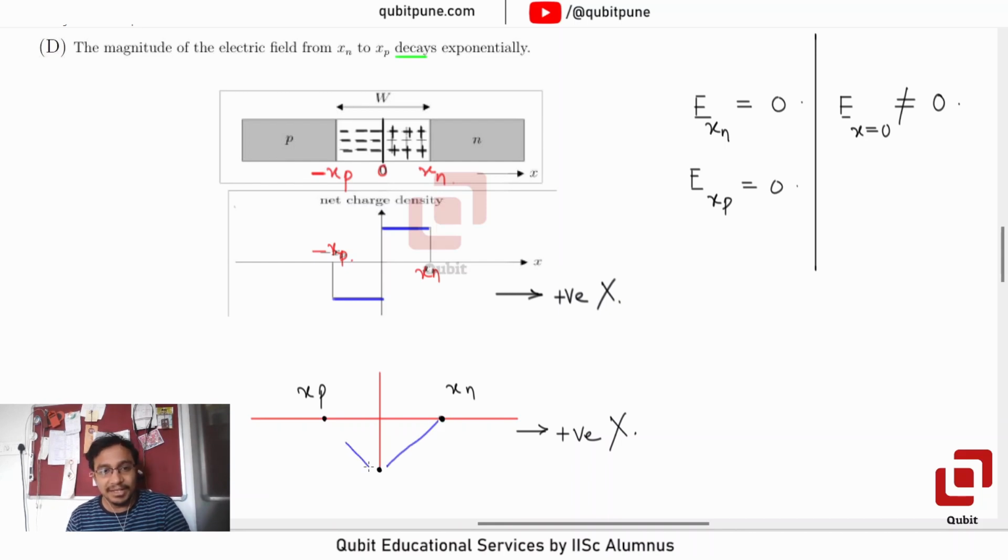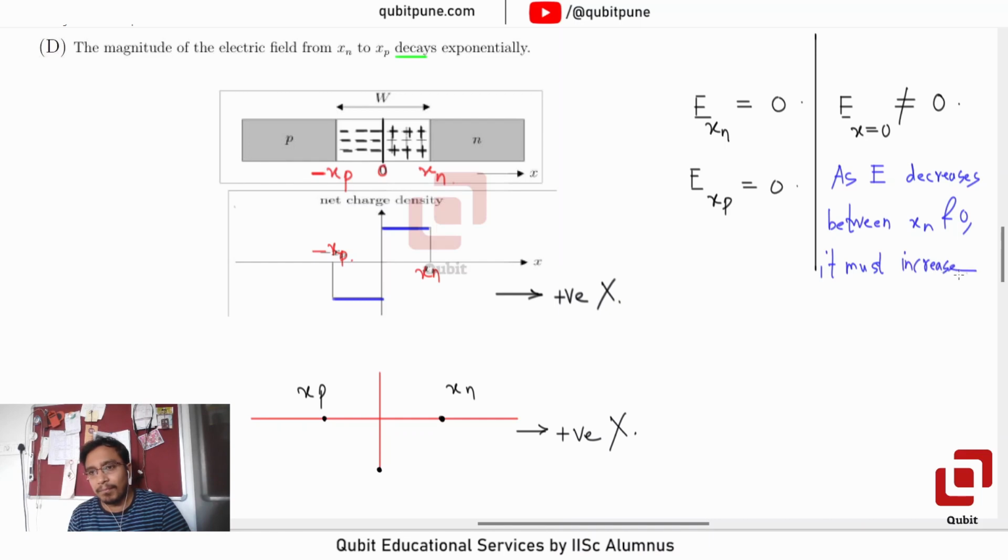it must increase here, which means as E decreases between xn and 0, it must increase between 0 and xp.